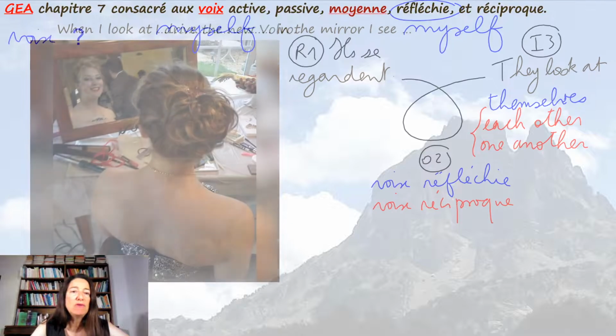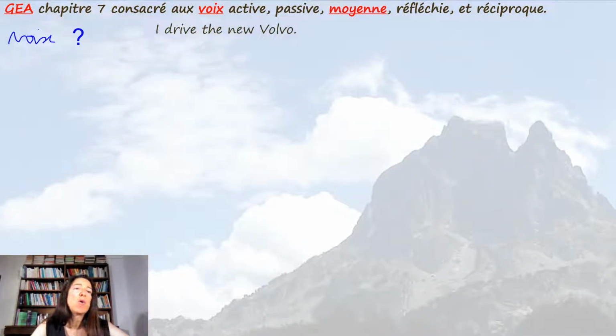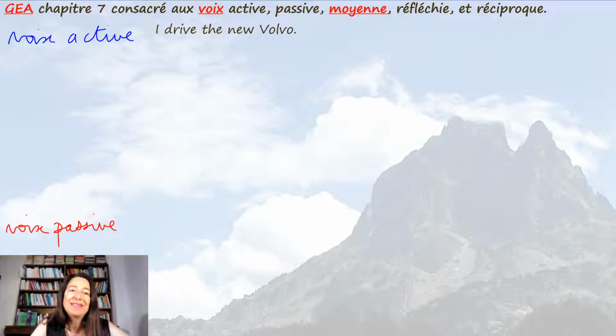Let's go on to I drive the new Volvo, an example that's in the Grammaire expliquée de l'anglais by Jean-Pierre Gabilon. So which voice is this sentence in? That's the active voice, right? And we want to turn that sentence into a passive voice sentence. So how do we do that?